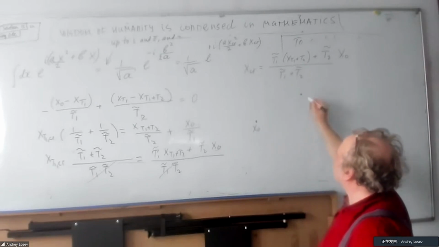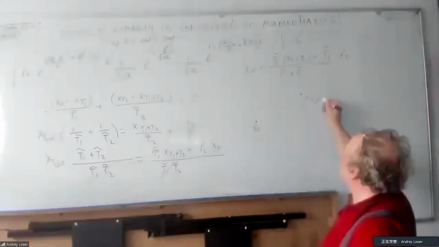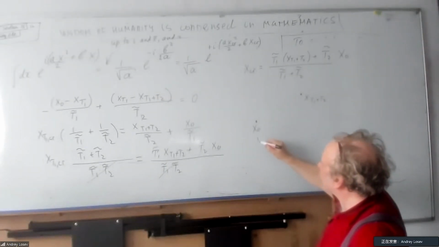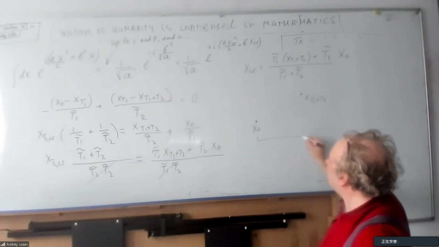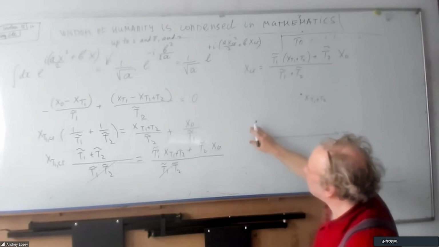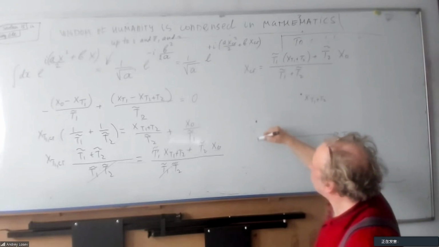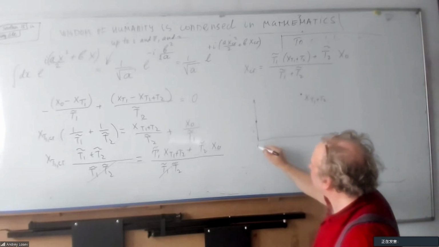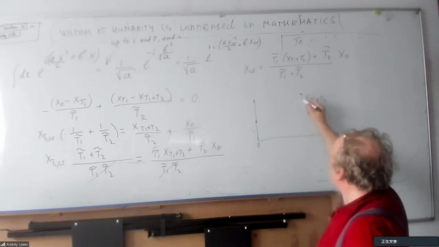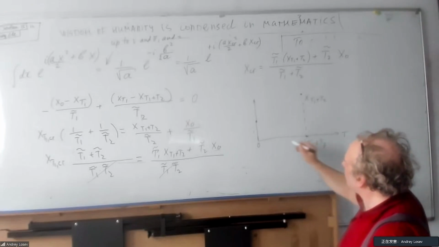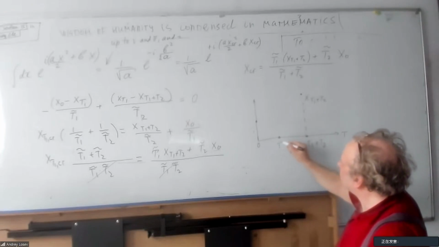So here I have x0, here I have x_{t1+t2}, and here I have times. Zero, t1 plus t2, t1.